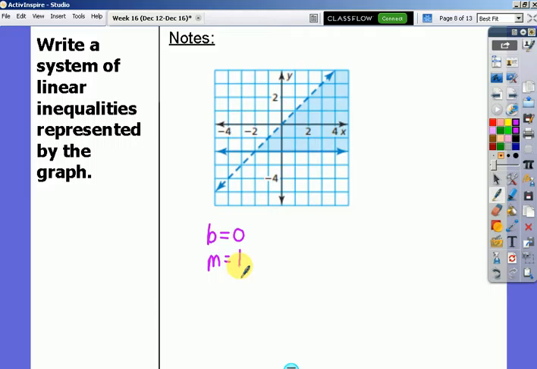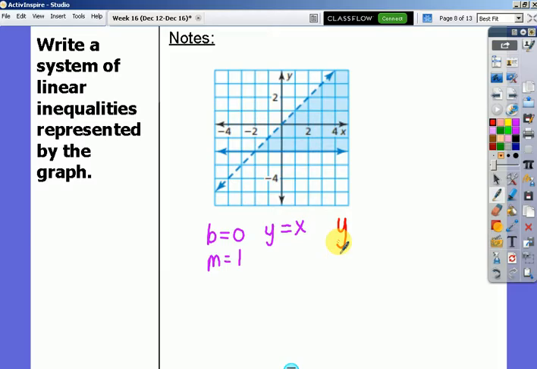So in other words, this typically would be written, if it was an equation, as y equals x. So what I'm going to do to find my answer then is write this as an inequality. Now, I look at the shaded region and I ask myself, is that shaded region above the line y equals x or below the line? Is it below or above?